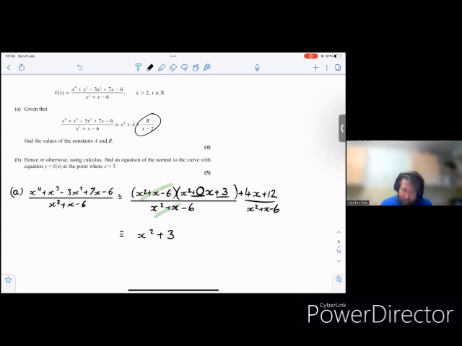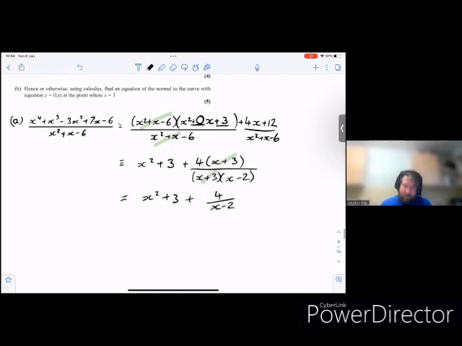That second fraction, we're going to be able to simplify it further, because this denominator factorizes. So the x plus 3 cancels. So we're left with x squared plus 3 plus 4 over x minus 2.